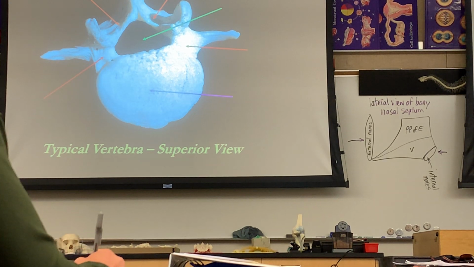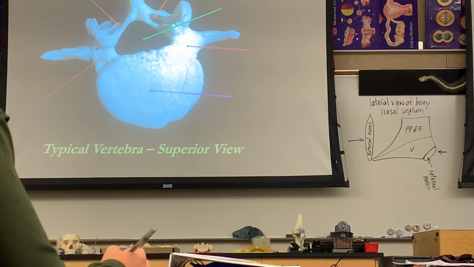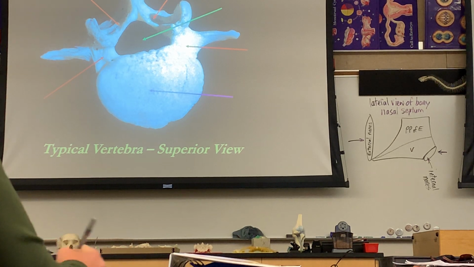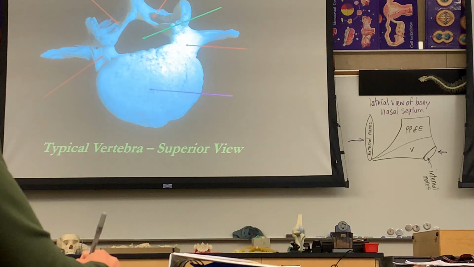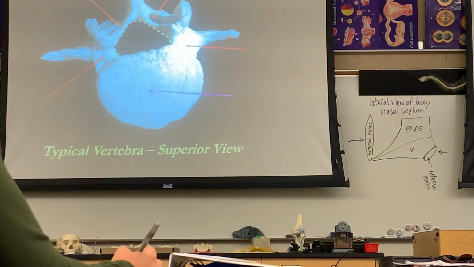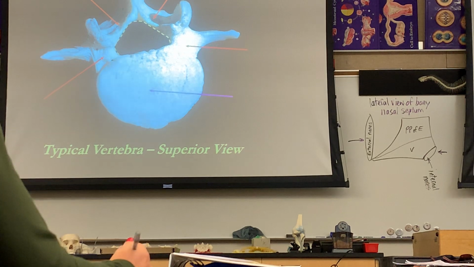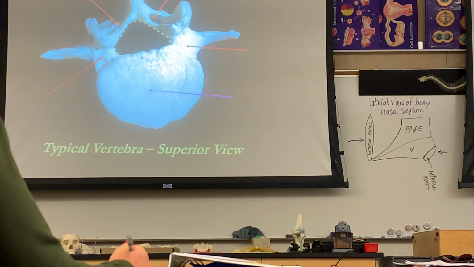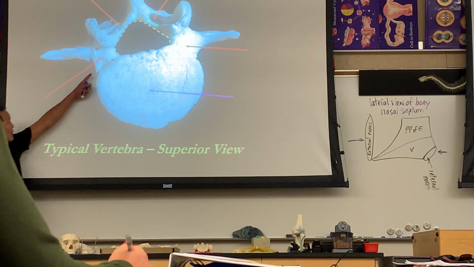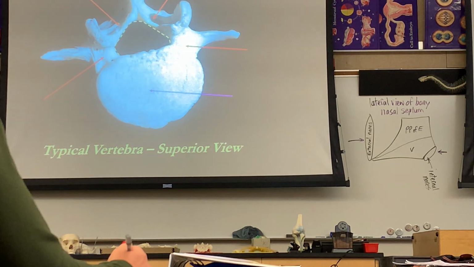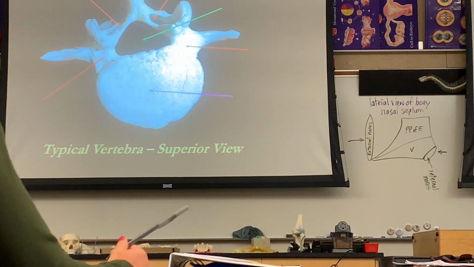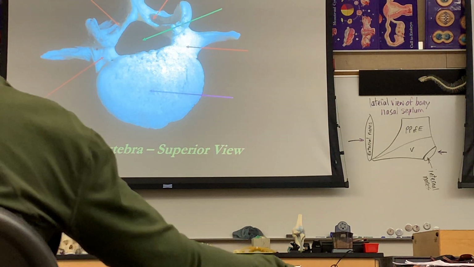The whole hole. Okay? So the two orange and the two red equals that yellow. That yellow plus the posterior wall of the body is this green. Everybody following my thinking here? Yes.